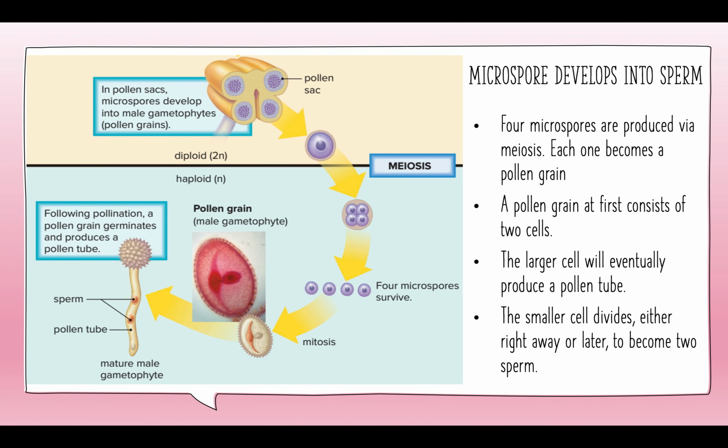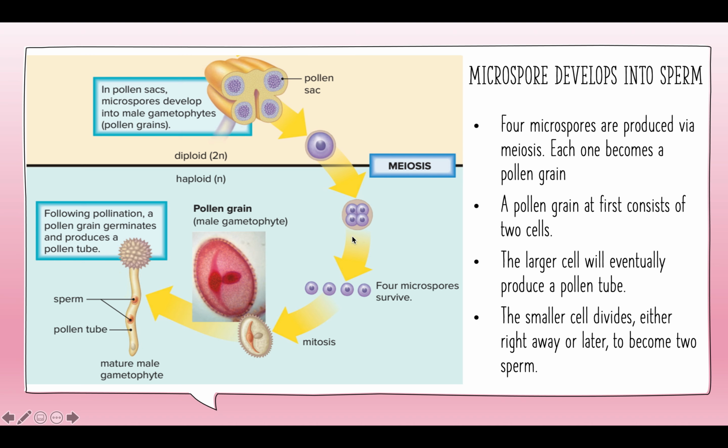Now that we have recalled the concepts of mitosis and meiosis, we can now explain how a flower is fertilized. But first, let us discuss how sperm cells and egg cells are formed and how they unite once they are formed. So recall that microspores develop into the male gametophytes, which are the pollen grains.